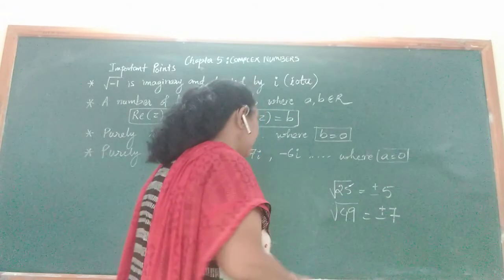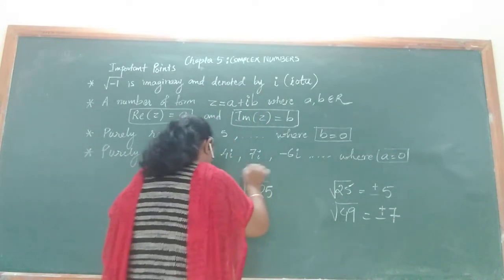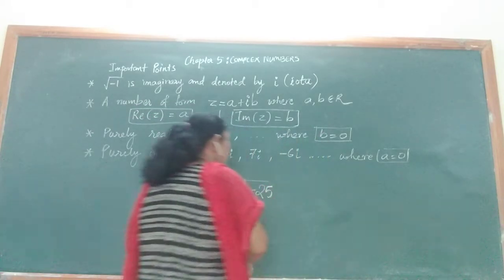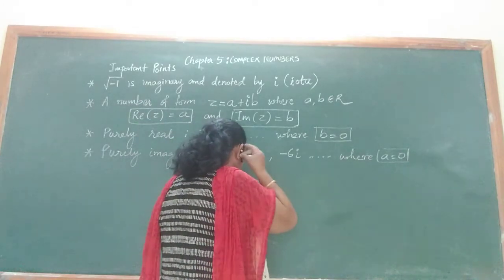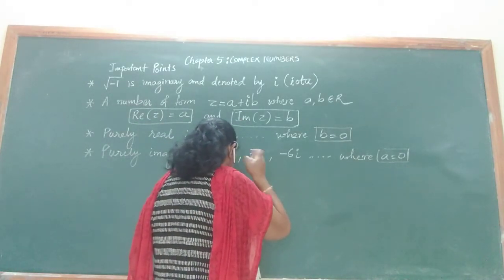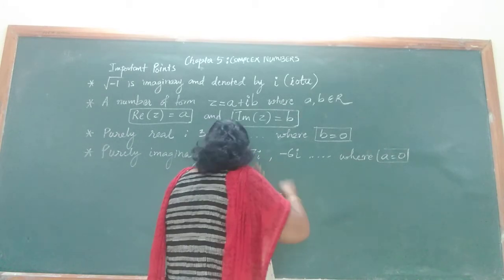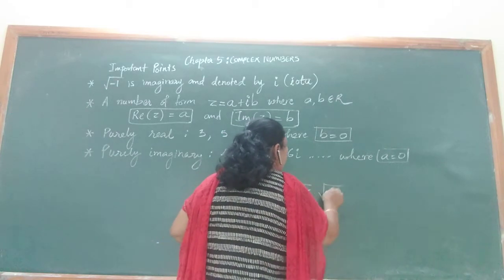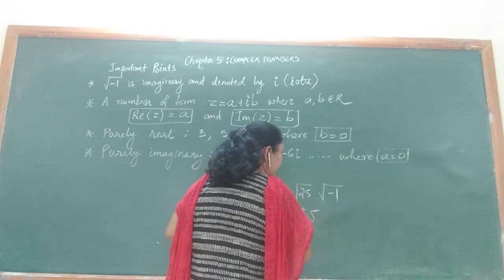Now, what happens if this number inside is minus 25? What happens if the number was minus 25? So, I have minus 25. I can write it as under root of 25 into under root of minus 1. The root of 25 will come as plus or minus 5.